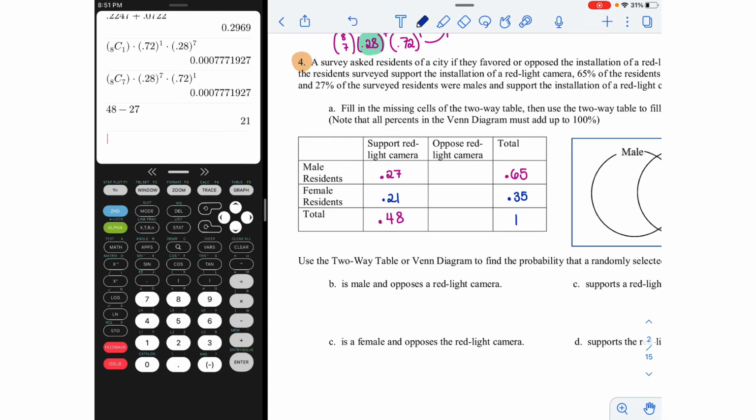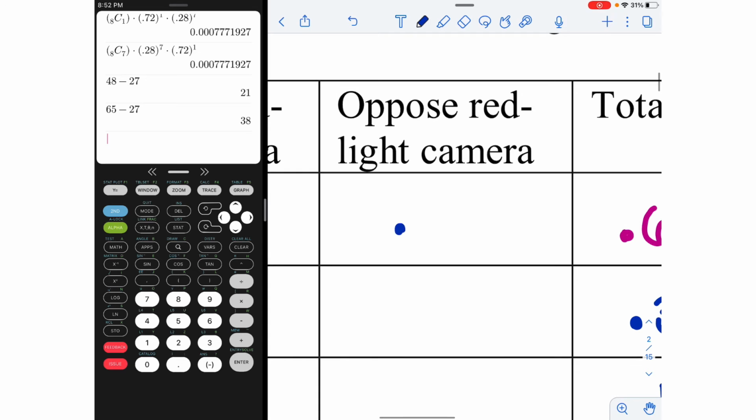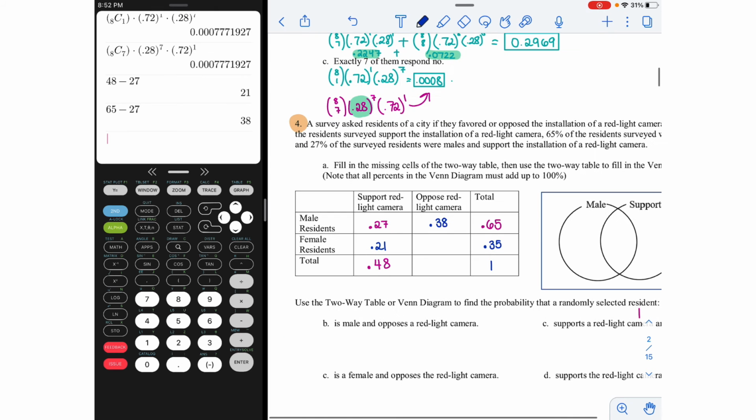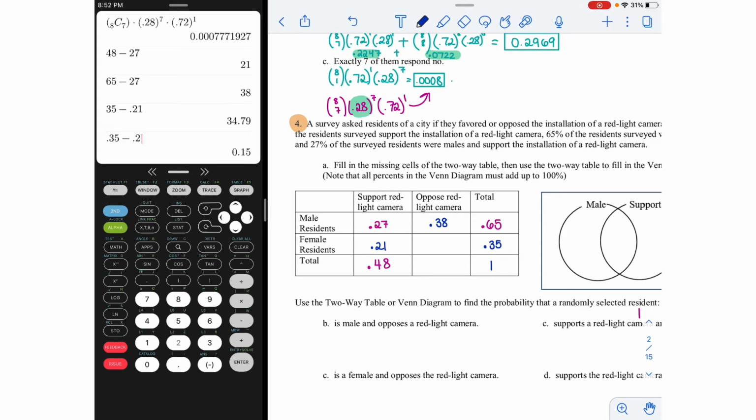Side by side, 65 minus 27 means that if 27% of males support the red light camera, 38% of the male residents oppose. And then going side by side here, 0.35 minus 0.21 is 0.14.